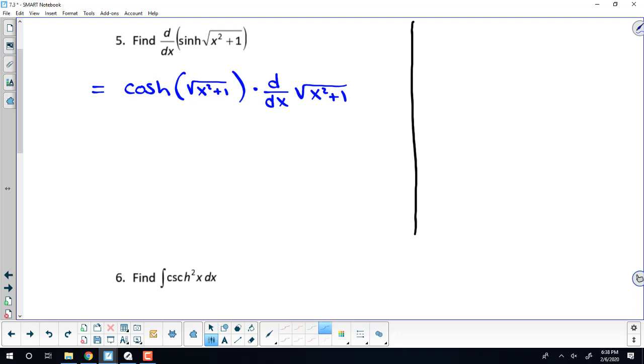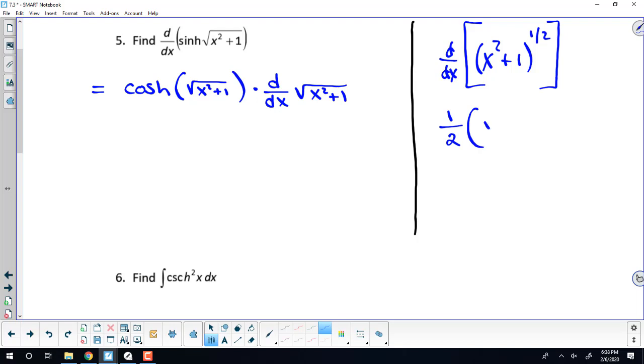So I'm going to do this over here. Derivative of x squared plus 1 to the 1/2. So you've got another second chain rule, I guess, if you will.